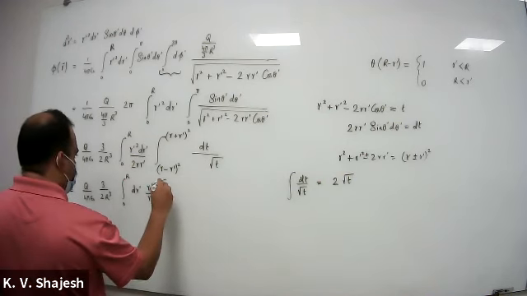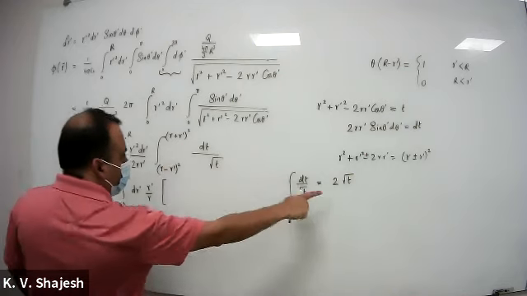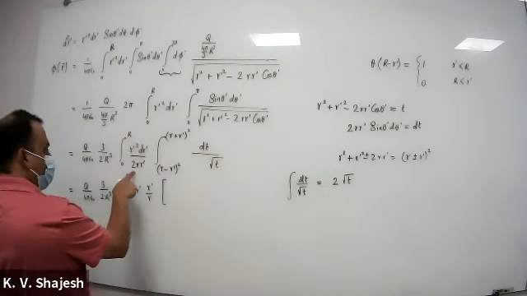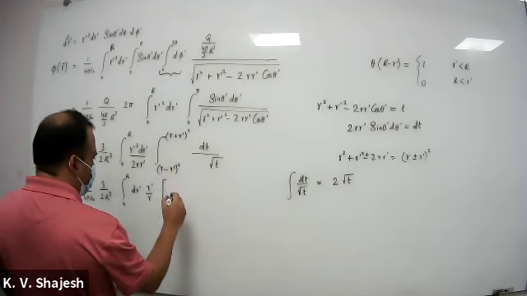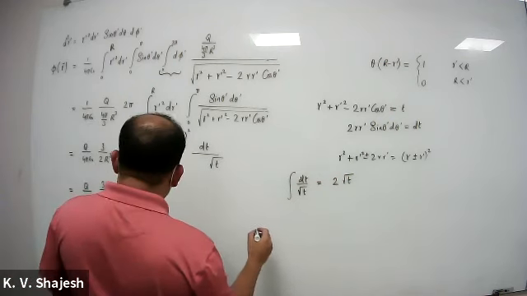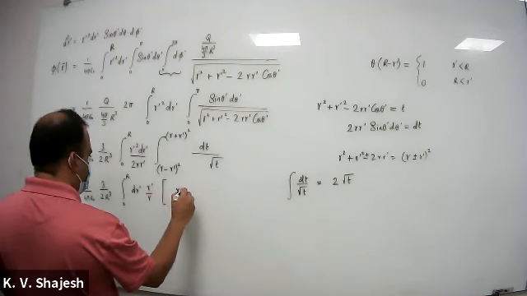And what we have here is square root of t. I have already cancelled the 2. So this is r plus r prime.